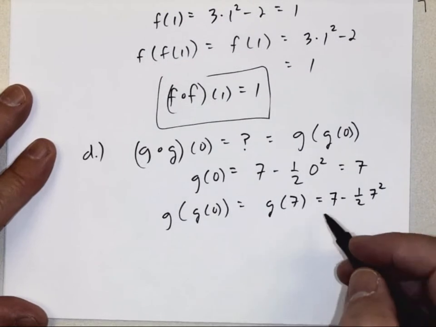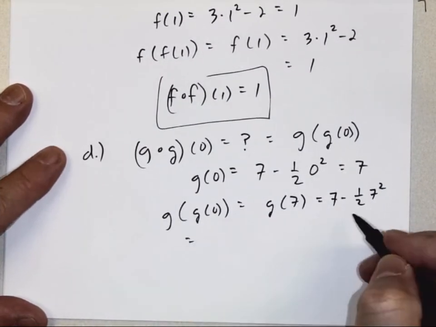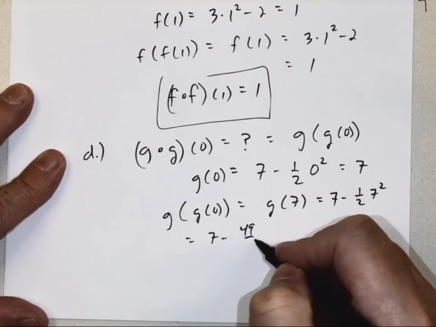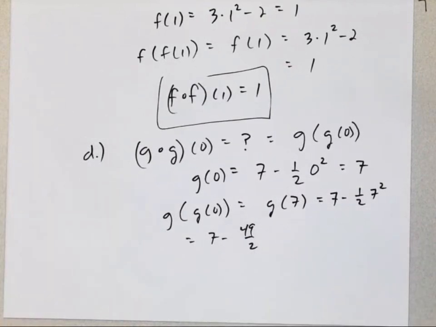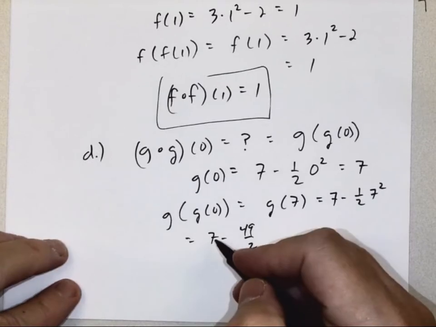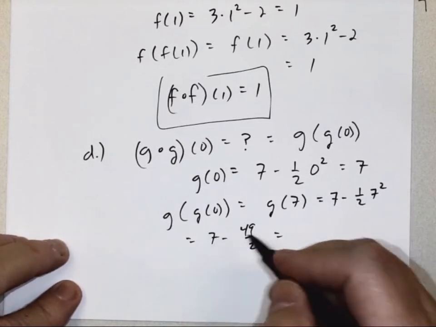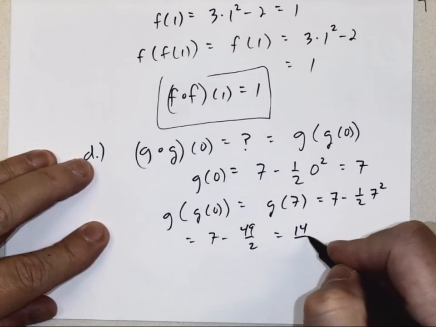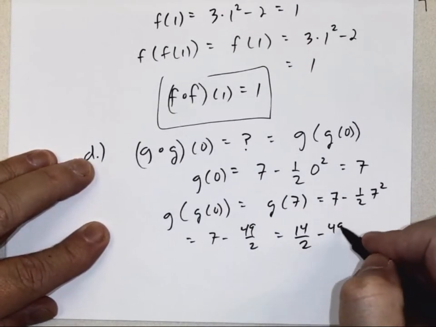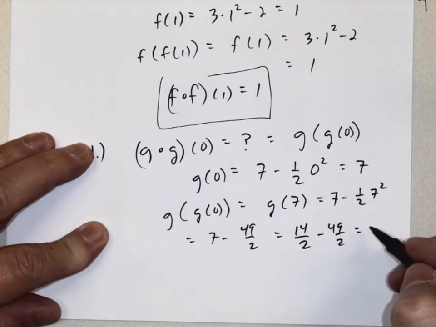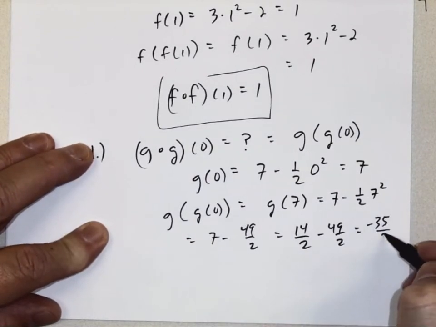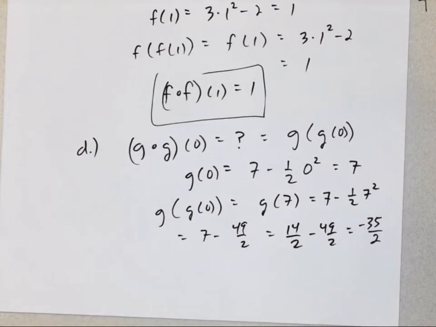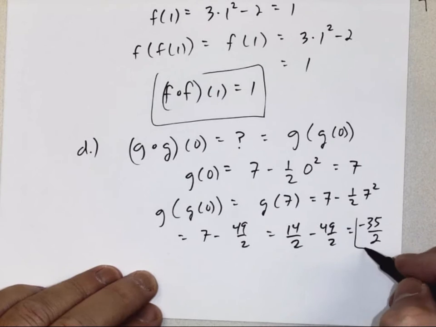Let me just try to finish out this math. 7 minus 49 over 2. If I'm going to combine these, if I put my first number 7 as a fraction over 2, it'll be 14 over 2 minus 49 over 2. If I didn't mess up, that's a pretty ugly number, but I hope it's correct. And I do have the answers here, and it turns out it is correct.